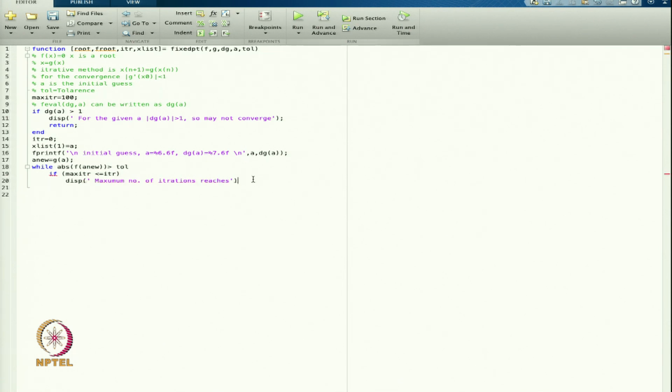So, it will show that maximum number of iterations reached, and then it will break the program and end. So, it will come out of the program.